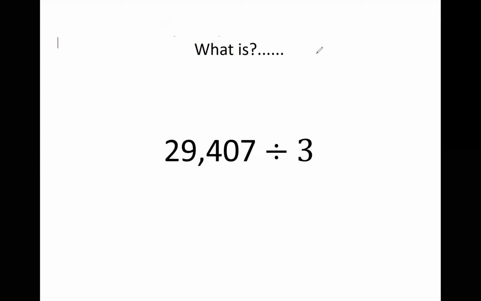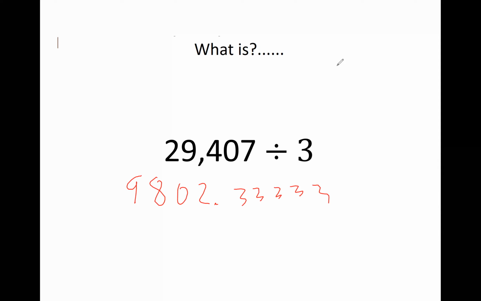All right, so when I type this into my calculator, oops, I guess it helps if you turn the calculator on, 29,407 divided by 3. So my calculator is telling me that the answer is 9,802.33333 repeating. All right. And now I need to decide how many significant figures I'm going to report my answer with.